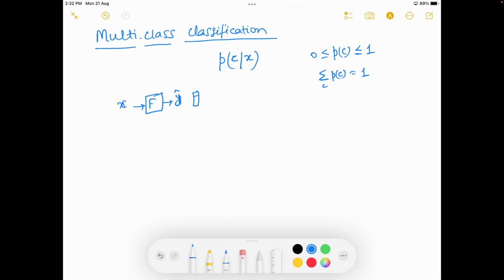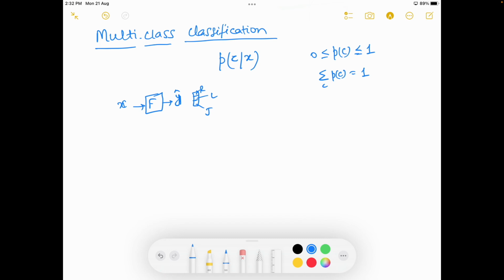Then I say this entry corresponds to rose, this corresponds to lotus, this corresponds to jasmine. And then I put a constraint that all these entries should be greater than or equal to 0 and less than or equal to 1, and all these entries should sum to 1. Then I am able to express my Y hat as P of C given X. Clear?